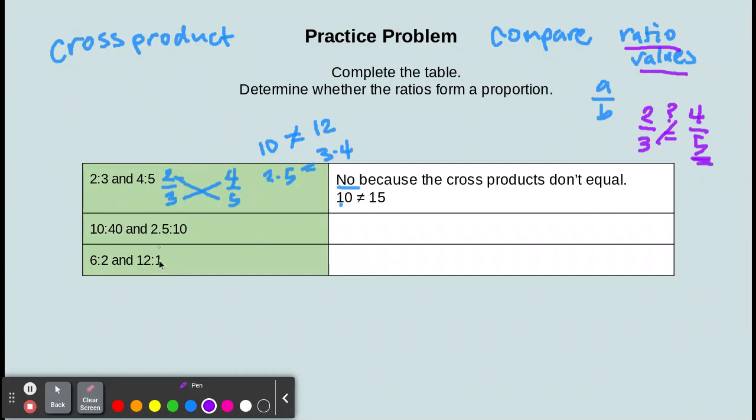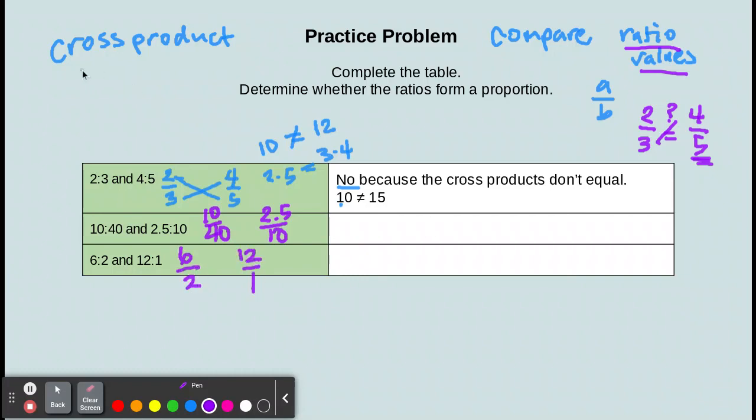So on these other two, you should do the same thing. You have 10 to 40, and you have 2.5 to 10. And then on this one, you have 6 to 2 and 12 to 1.